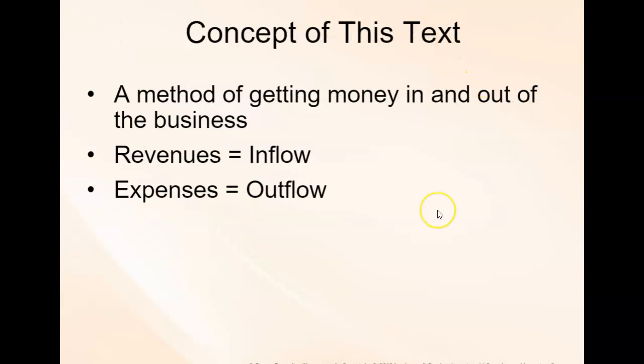Concept of this chapter or text, it says the method of getting money in and out. So revenue is inflow, expenses are considered the outflow. So the method of getting money in and out of the business, healthcare is a very special business.